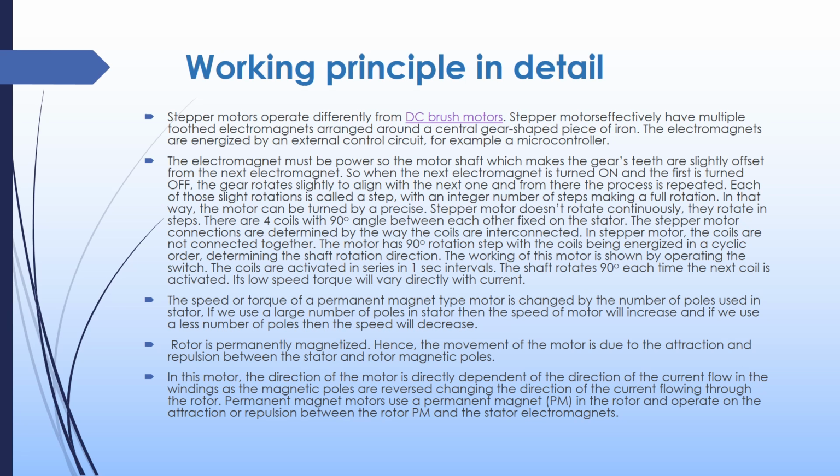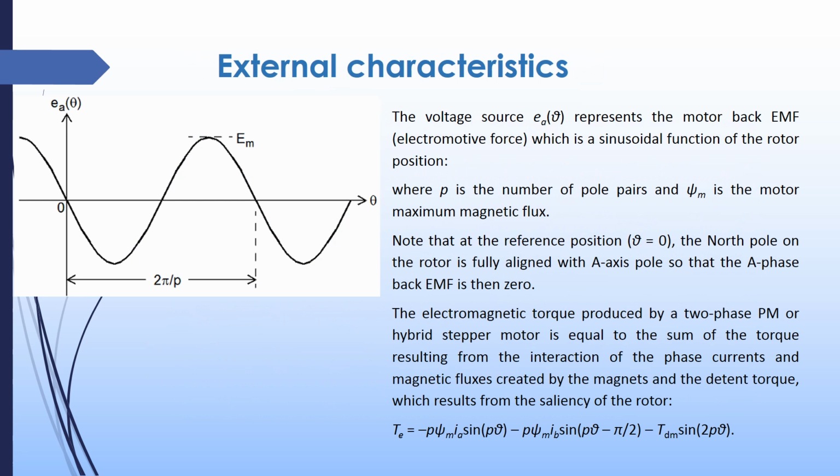In this motor, the direction is directly dependent on the direction of current flow in the winding, as the magnetic poles reverse with the direction of the current. The permanent magnet motor uses a permanent magnet in the rotor and operates on attraction and repulsion.